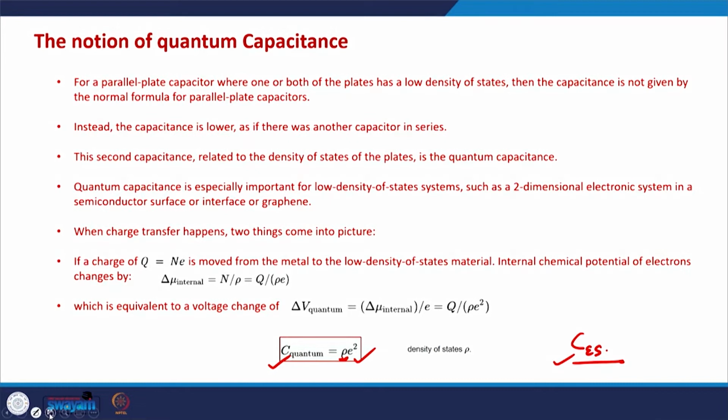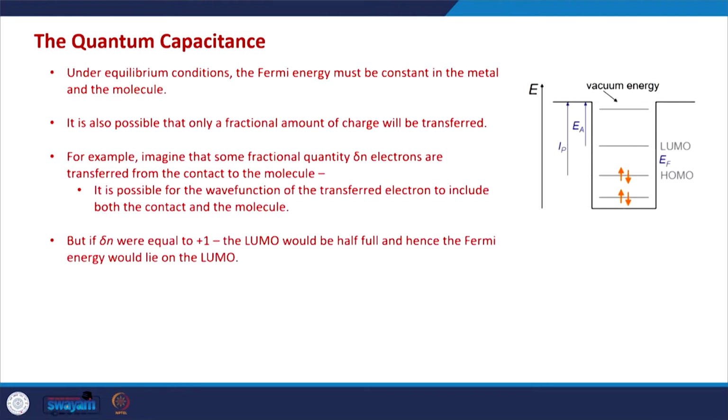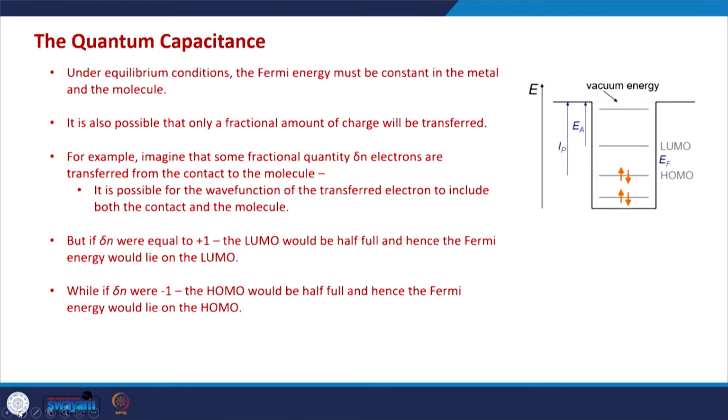So let's first just have a look at the quantum capacitance part. In a quantum dot metal system, let's say we have a bulk contact and we have a quantum dot here, and when we put both in touch with each other, equilibrium will be reached.